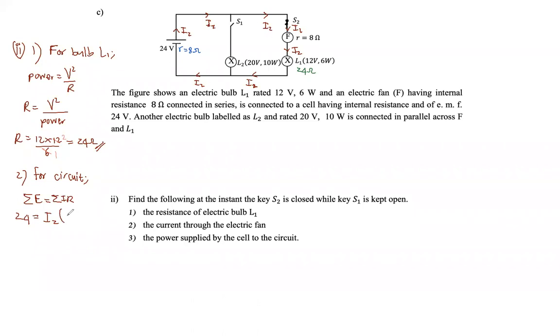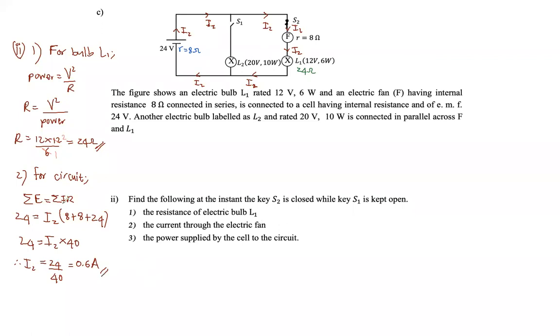Total resistance, you have to be careful. 8, that is the internal resistance of the battery, 8, that is for the fan, plus 24, that is for the bulb. Therefore, 24 is equal to I2 multiplied by 40, correct? So I2 is equal to 24 divided by 40, and that is 0.6 ampere.